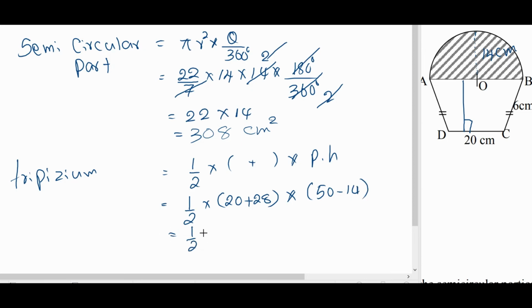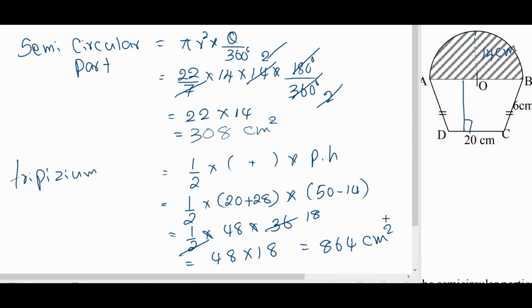Then half into 48 into 36. You can cancel this 36 and 2, and this 48, no problem. It will be 18. The answer will be 48 into 18, which equals 864 square centimeters.